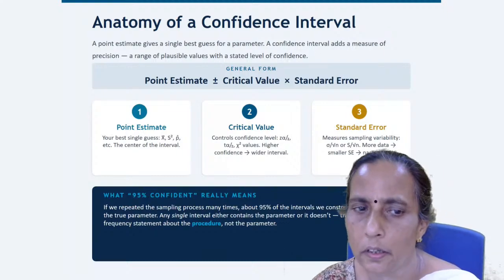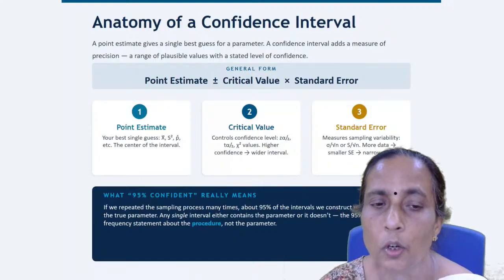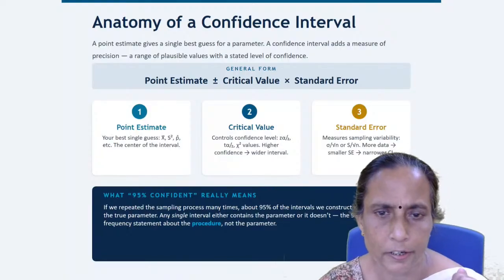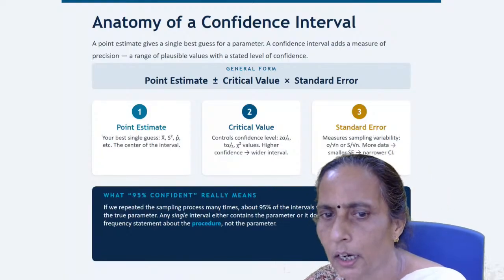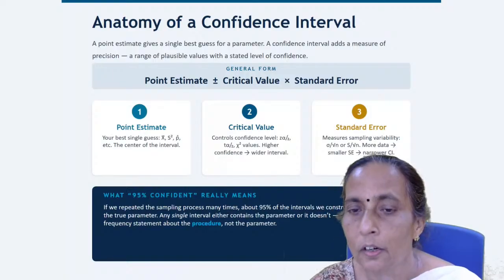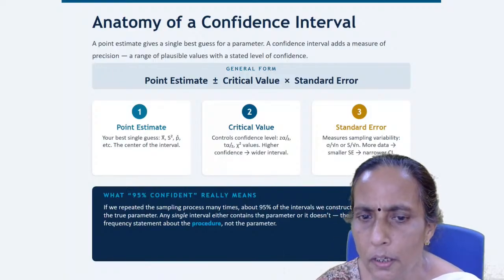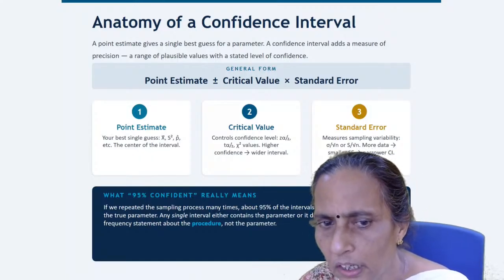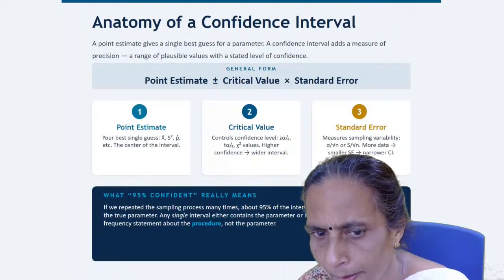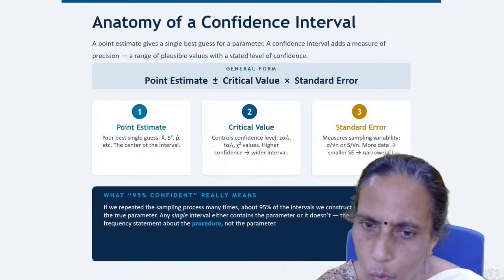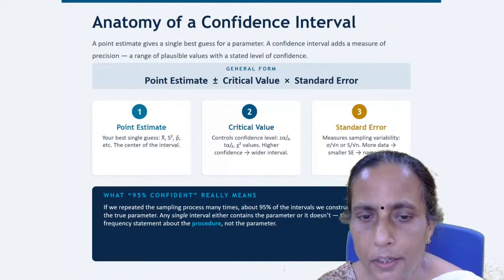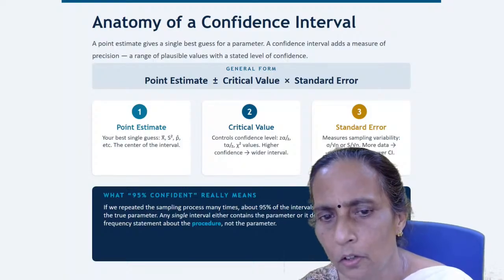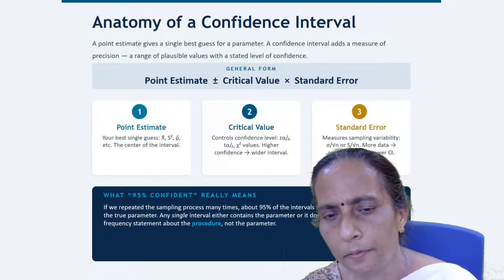Point estimate, our single best guess, may be your sample mean, sample variance, or the proportion, the center of the interval. Critical value controls the confidence level. Significance level may be 5%, 10%, that is the Z alpha by 2, t alpha by 2, because these are two-tail tests, so your level of significance is divided by 2, that is 0.025, 0.025, and similarly for chi-square values.